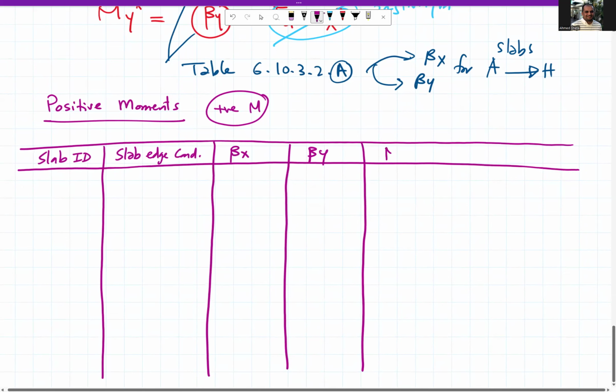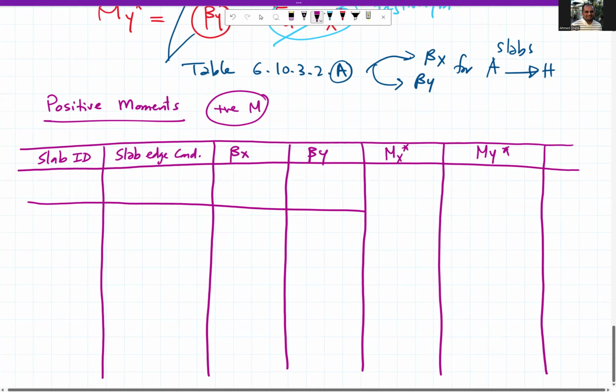Then we have Mx star and My star. Okay, so we have four types of slabs.